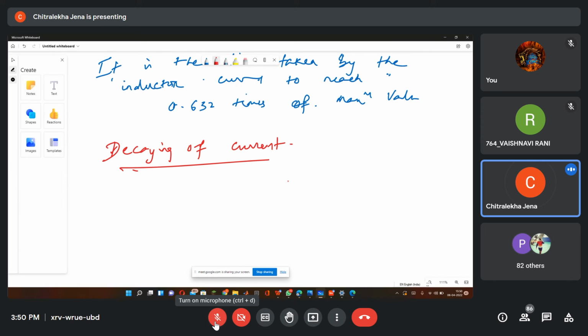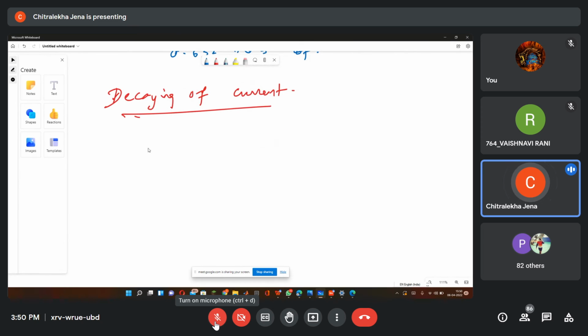Okay. So now here I will draw the circuit for decaying of current. If you are not able to understand my handwriting, tell me.